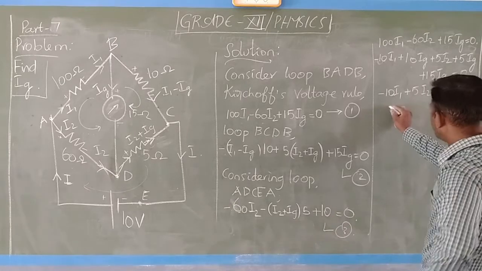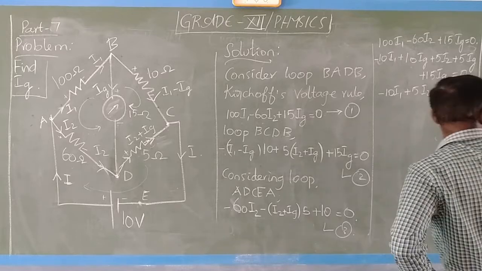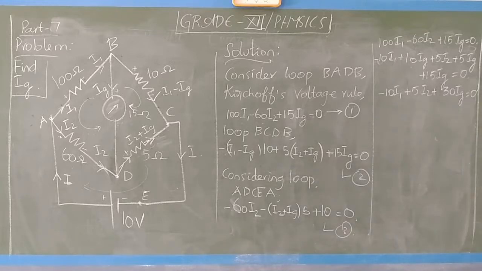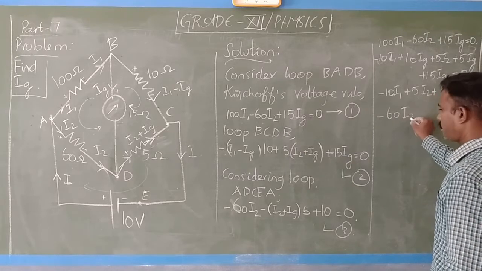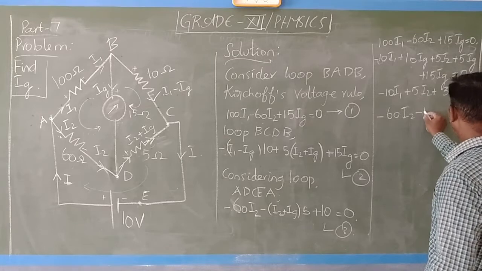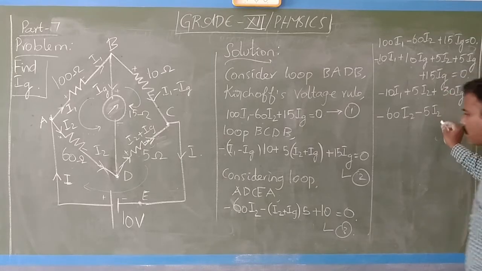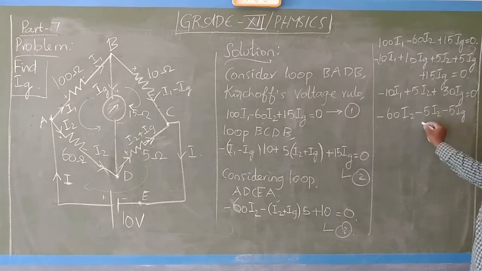The last equation is negative of 60 I2, negative 5 I2, negative 5 Ig, plus 10 equals to 0.